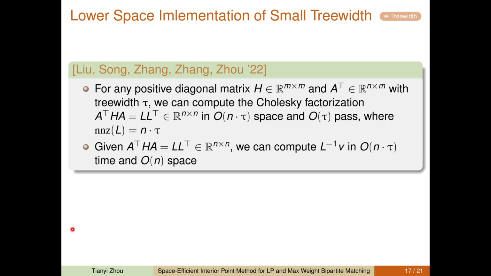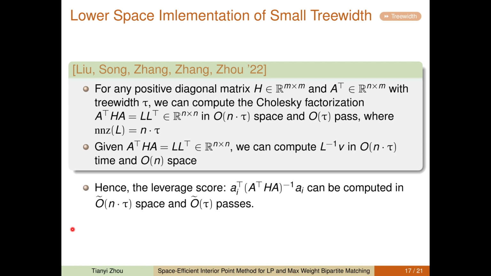In addition, given the Cholesky factorization, we can compute L inverse times v in n space, where v is an n-dimensional vector. Therefore, given that matrix A has small treewidth tau, we can compute the leverage score in n times tau space and tau passes.